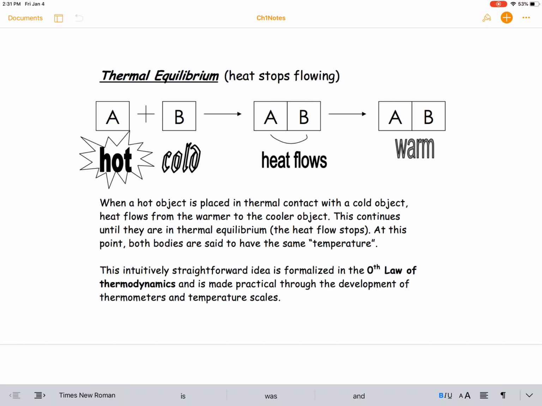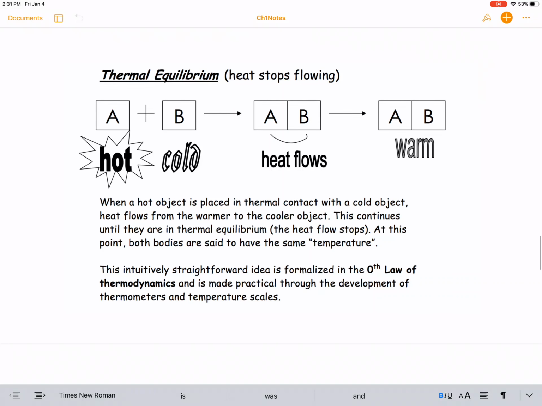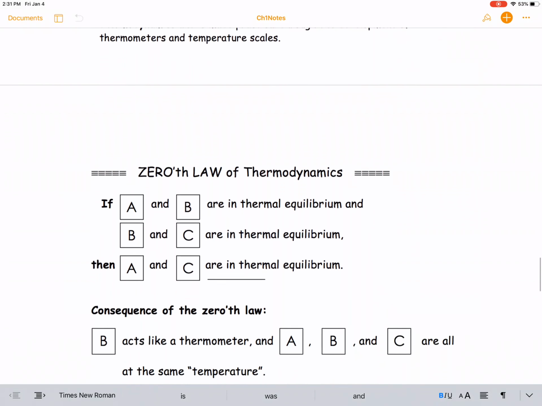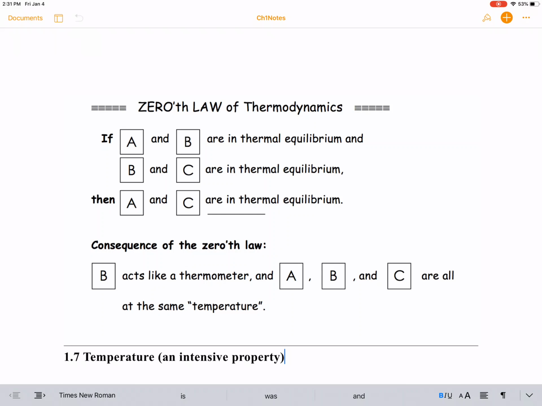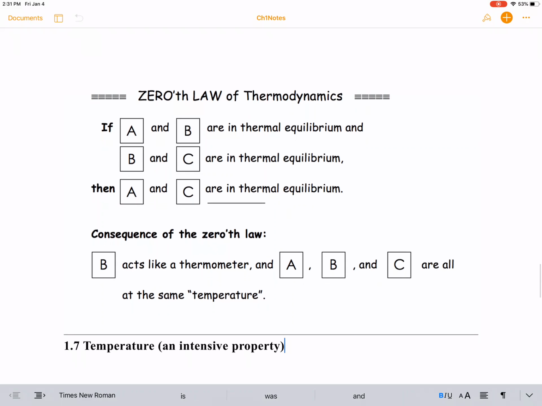This is an intuitively straightforward idea and is formalized as the 0th law of thermodynamics, and is made practical through the development of thermometers and temperature scales. So this is how we define the 0th law, and the 0th law effectively gives us the concept of a thermometer.